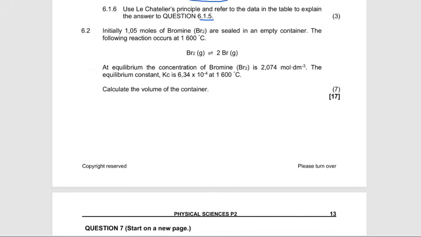I will start with the concentration of A. The concentration of A increased. Then what is going to happen there? An increase in temperature. What does it favor?